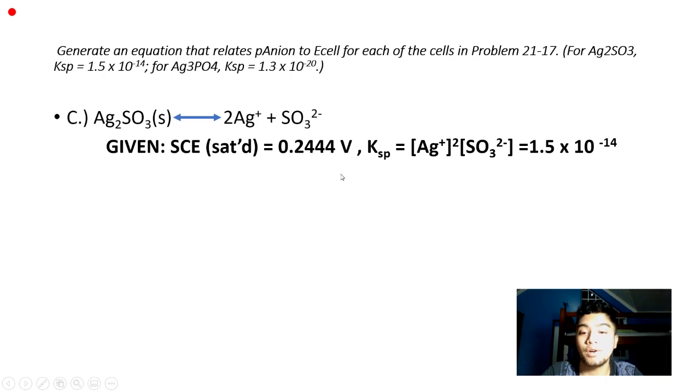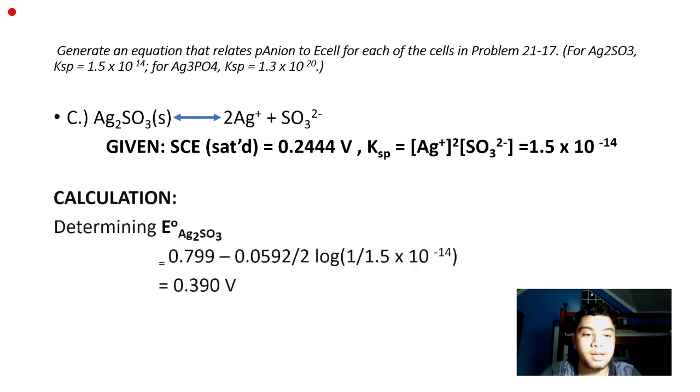So let's move on to the calculations. Once again, since the E indicator is not given, we are going to determine its value, the E indicator for Ag2SO3. So once again, we're going to use the standard electrode potential for silver. So 0.799 minus 0.0592 all over 2.